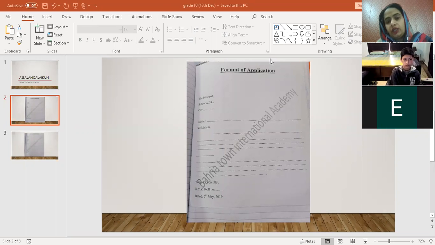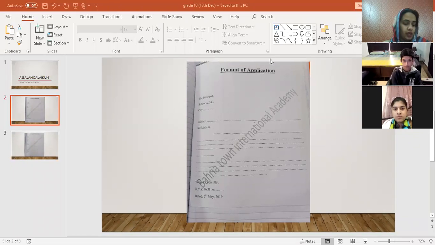And if you are writing to some manager, if it is a job application, you will write the manager and the name of that firm. After that, you'll write the name of your city. The name of your city will come under it.